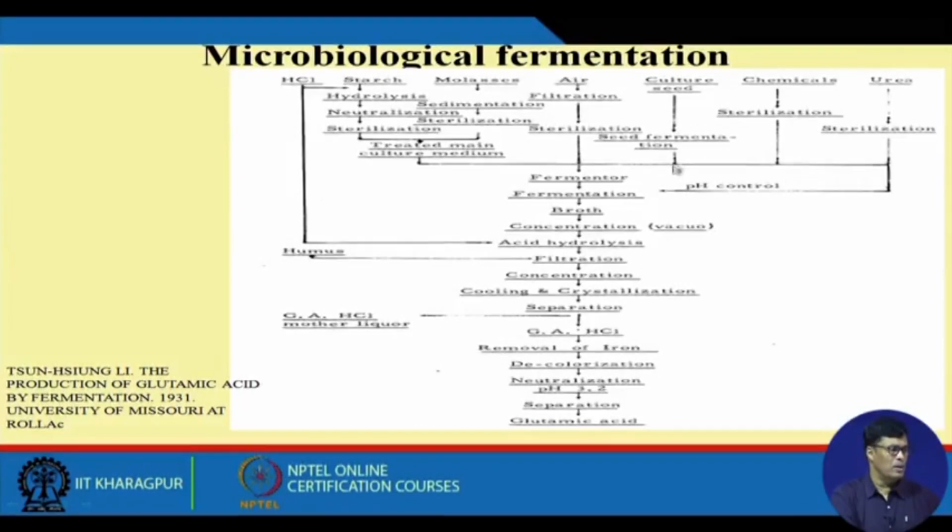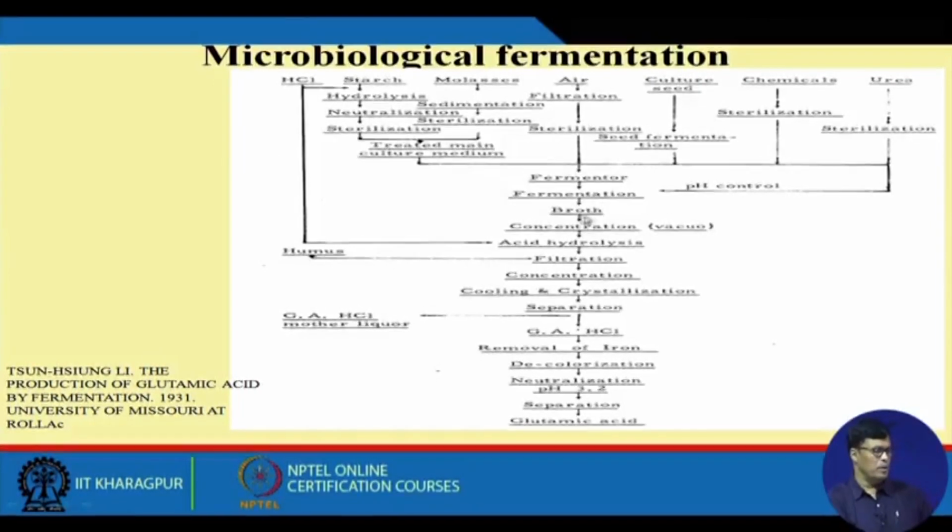We mix the chemicals and urea together, take it to the fermenter, sterilize, then pass air to it, and then we add the culture. Then we do the aeration, and then the pH control as per the requirement of the process.